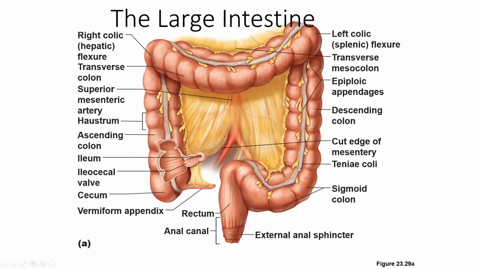And we call this a taenia coli. So we don't have that double layer of smooth muscle like we had before. So we also see various pouches form in here. These pouches here are called haustra. Talk more about those in a minute.